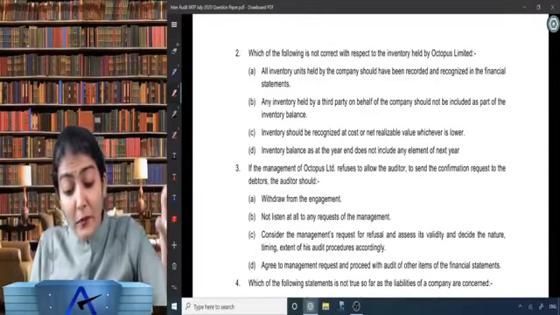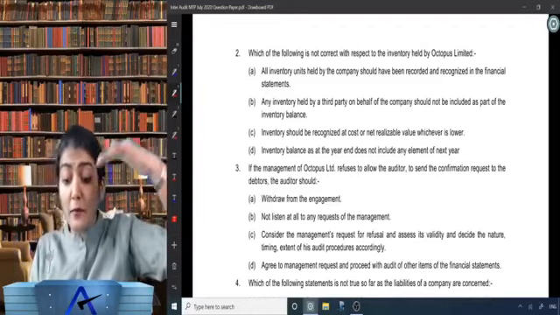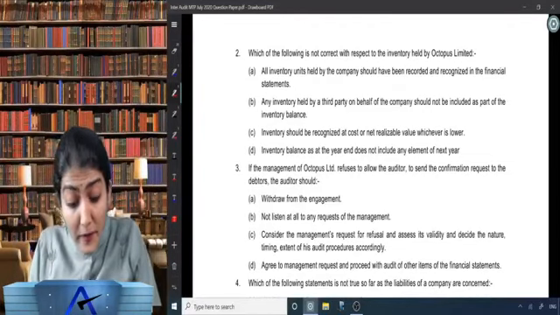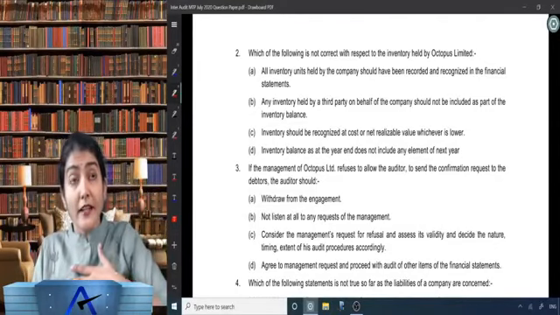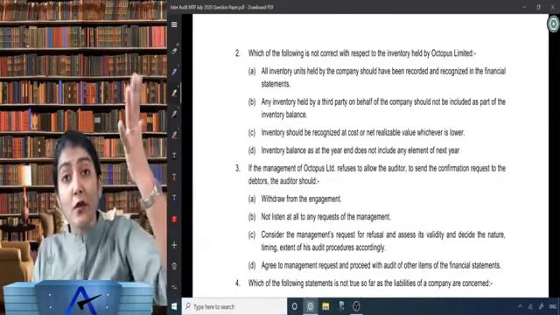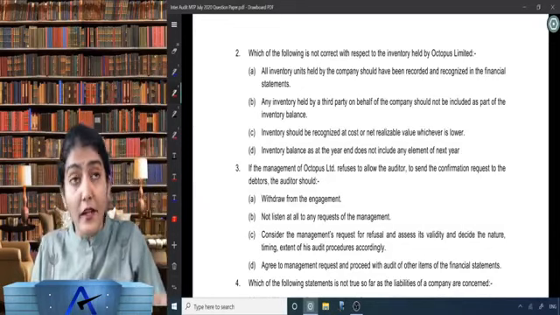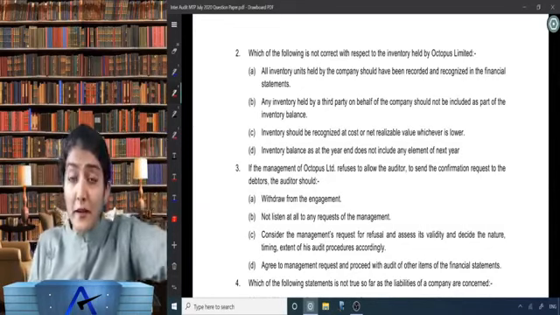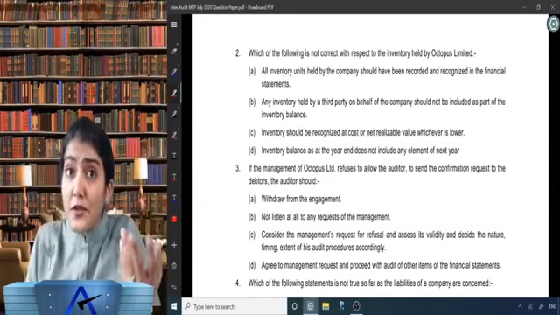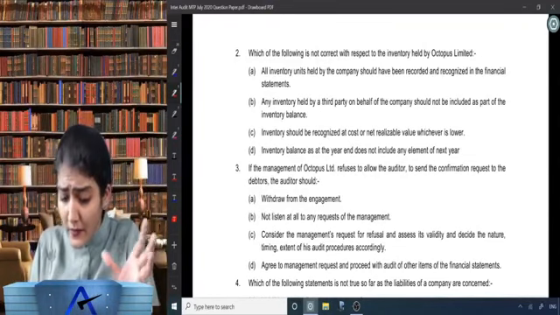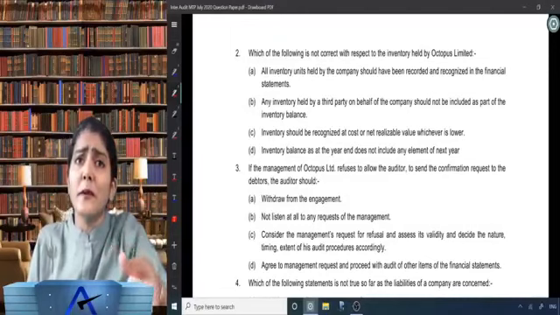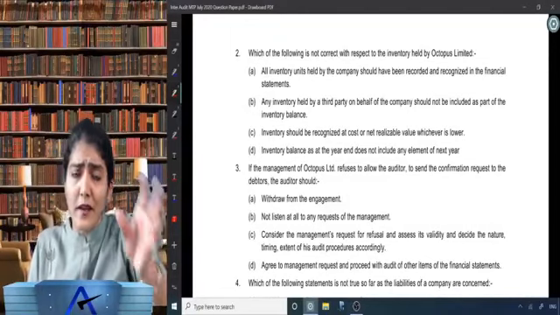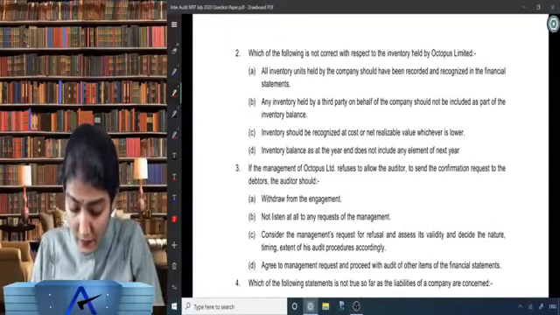Any inventory held by a third party on behalf of the company should not be included as a part of inventory balance. It says client inventory lying with a third party should not be included in inventory. But though it could be lying with the third party, it could be the inventory of the client. So this sentence doesn't seem to be okay to me, but I cannot conclude before I read the other two sentences.